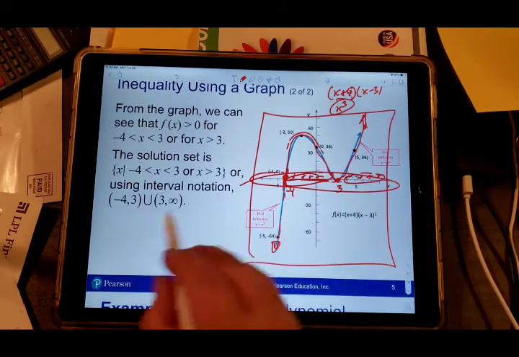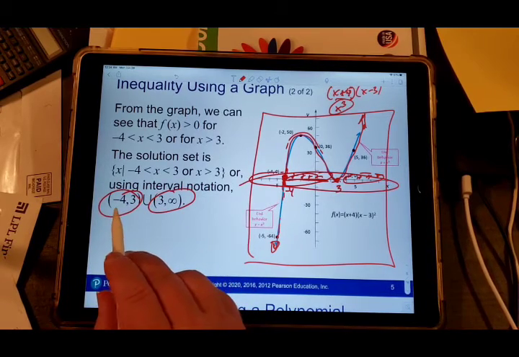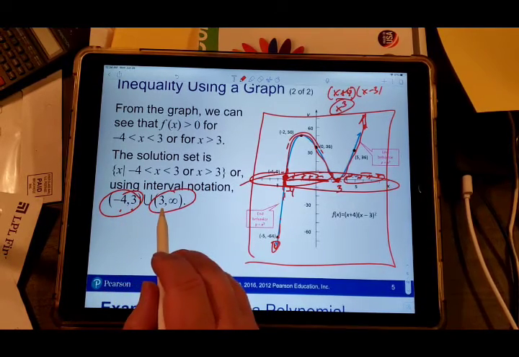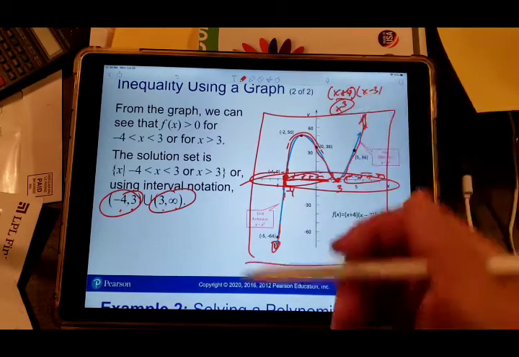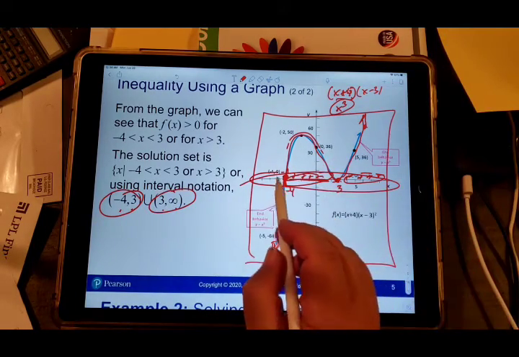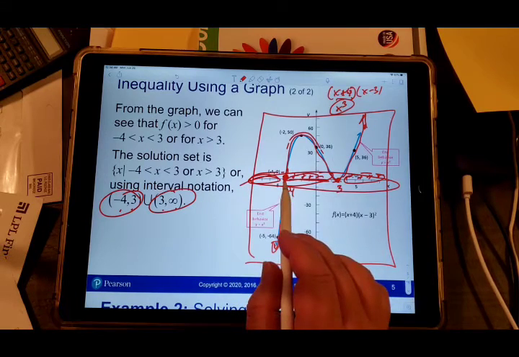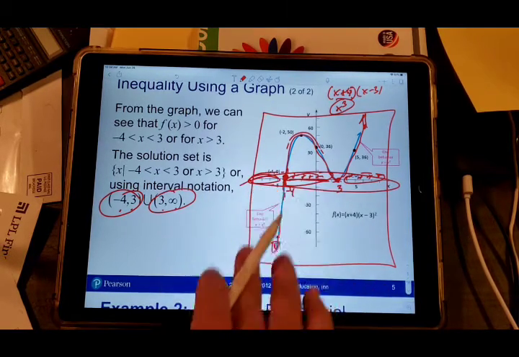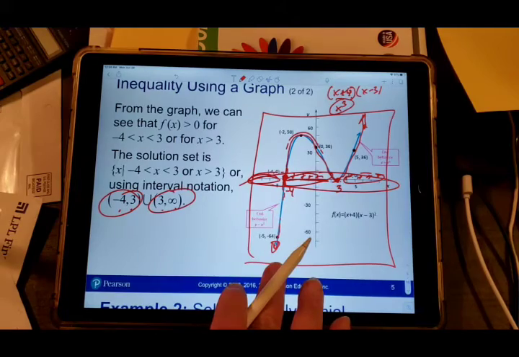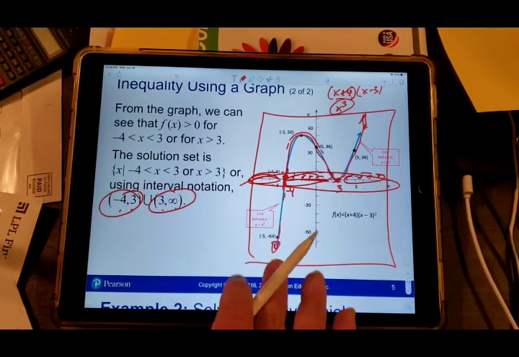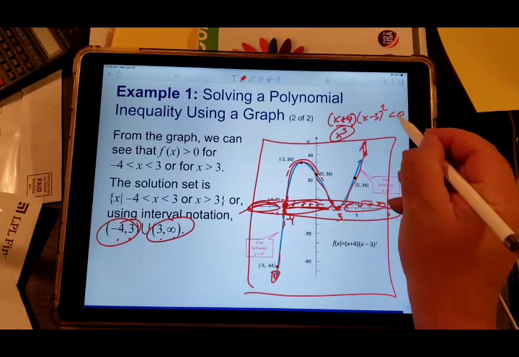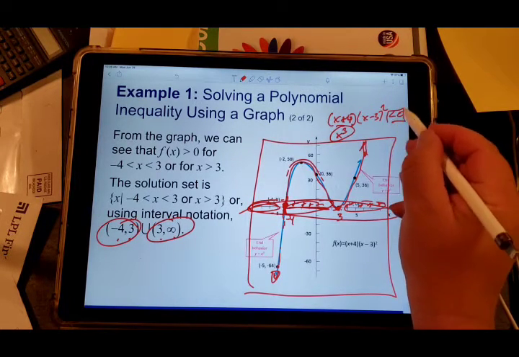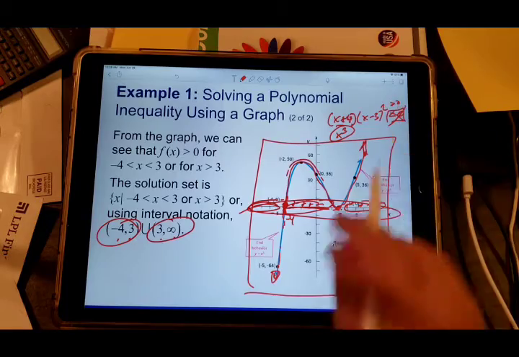So I have these two intervals, specifically from -4 to 3, and then from 3 to infinity, where the graph is going to be positive. By the way, the only part where it's negative is when x is less than -4. It's just that one part where it's negative. So if they had asked the question with a less than, we would be looking for negative numbers, but they had said greater than.